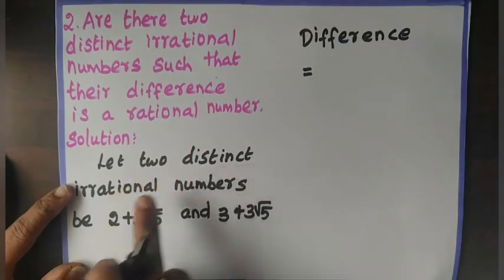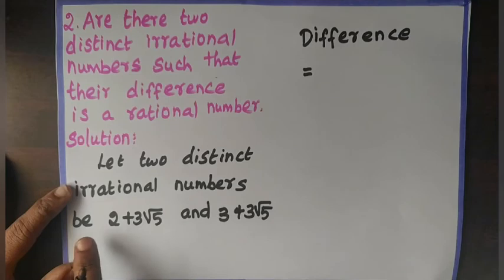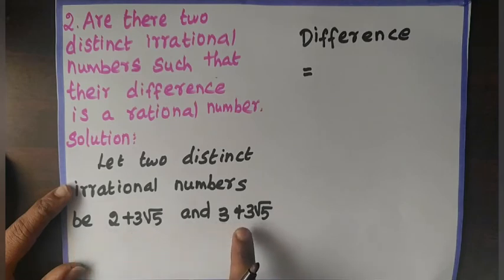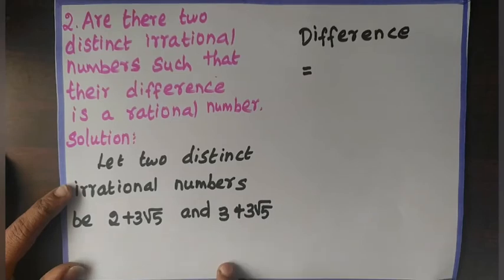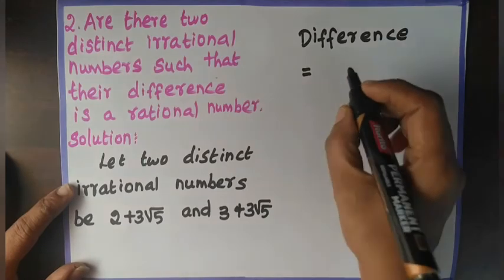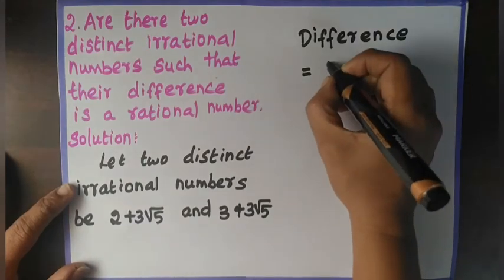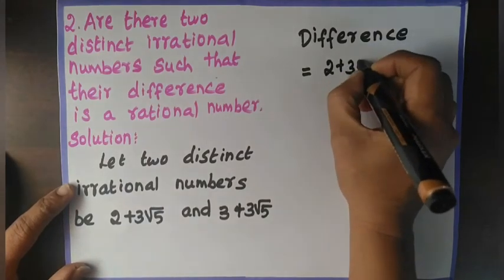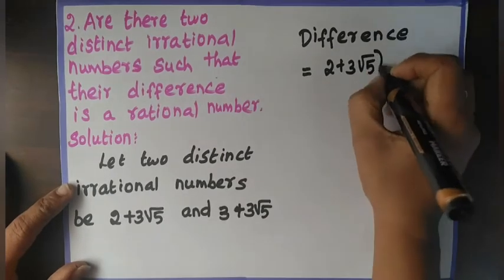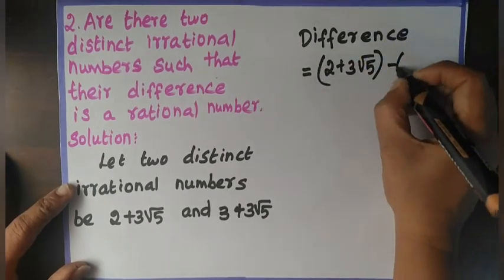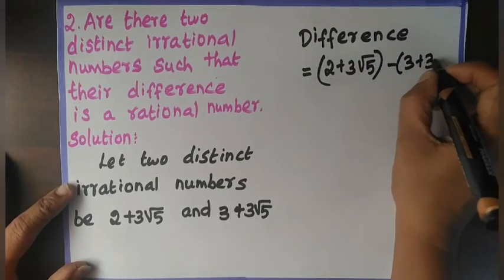Let the two distinct irrational numbers be 2 plus 3 root 5 and 3 plus 3 root 5, where 2 and 3 are rational but 3 root 5 is irrational. Now we need to find the difference: 2 plus 3 root 5 minus (3 plus 3 root 5).